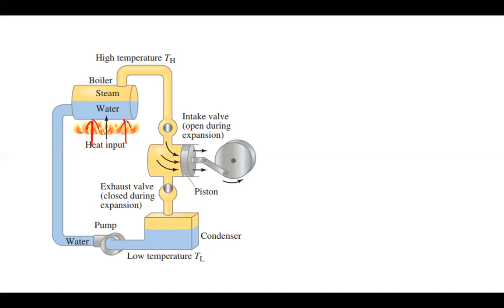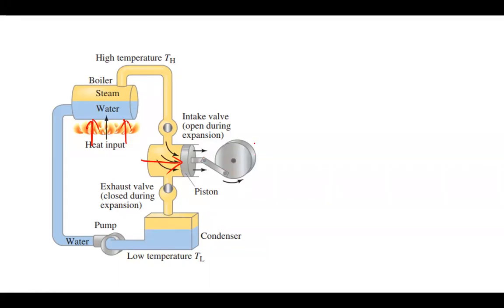The intake valve will open during expansion. The steam here increases, and the pressure in this cylinder increases, hence pushing the piston. When the piston is pushed, it goes this side, which rotates the turbine.